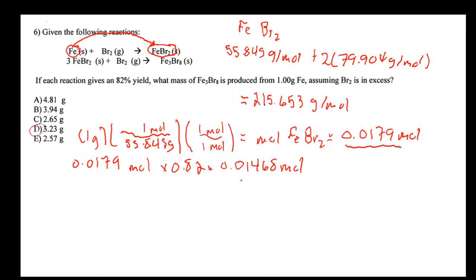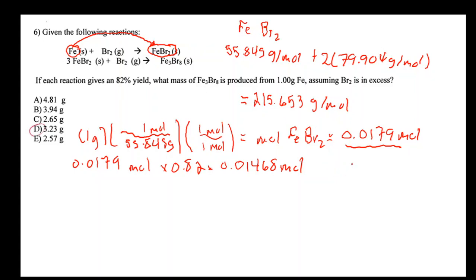So now this number is what we're going to use to determine the yield for the second one. So this guy here, I guess we are actually going to have to calculate the atomic mass of Fe3Br8 in this case.